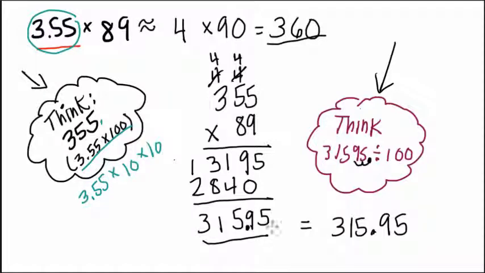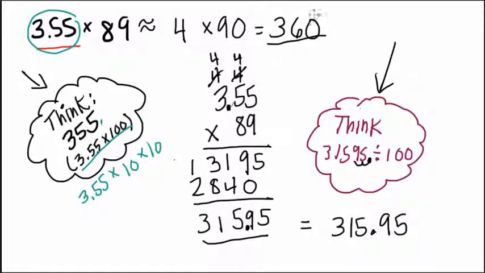A lot of mistakes happen with the decimal. A lot of times what happens is you forget to put it down here. So writing this out or thinking this makes you remember, hey, wait up, it needs to be 315.95. I need that decimal. I need 95 hundredths.